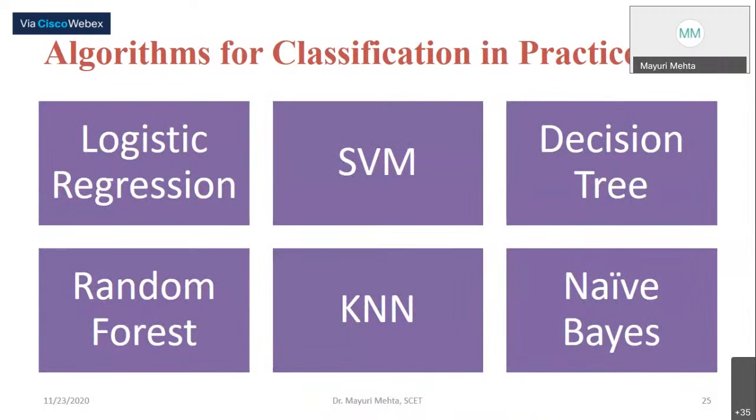Next, we have KNN, K nearest neighbors. This algorithm belongs to a special type of machine learning model that are frequently called lazy algorithms. You can later refer to the literature, or you can explore this concept in more depth later. There are some algorithms called lazy algorithms, and KNN belongs to that category.